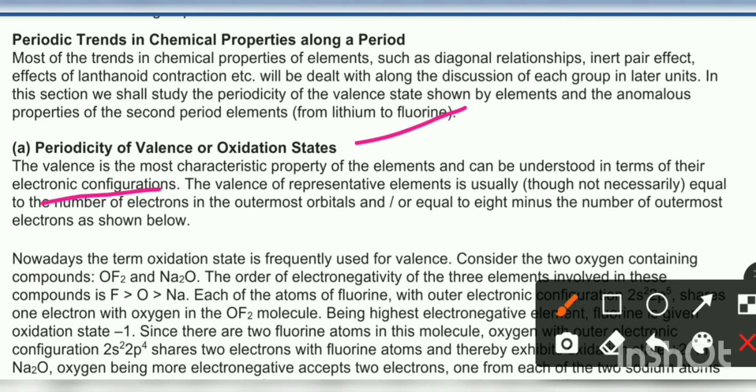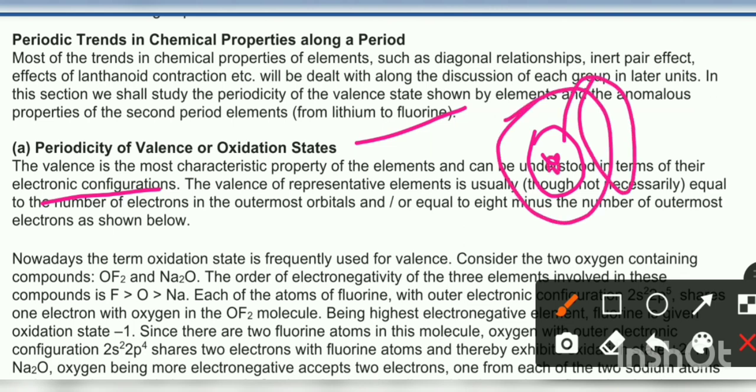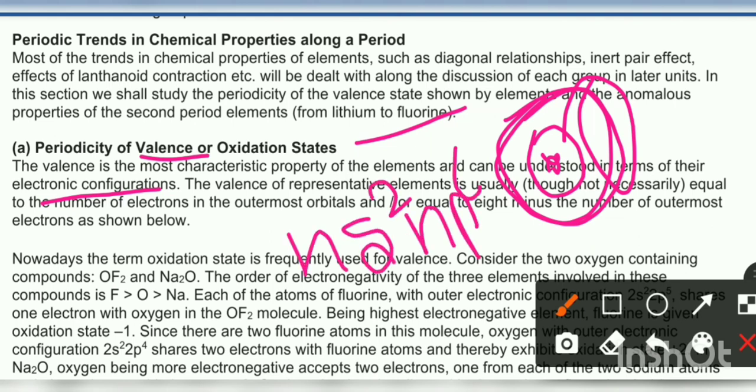So what do you mean by valency? If we consider any atom, how many electrons are present in the valence shell, the last shell or outermost orbital, that is known as the valency. For example, in case of the noble gases, we observe ns2 np6 electronic configuration.